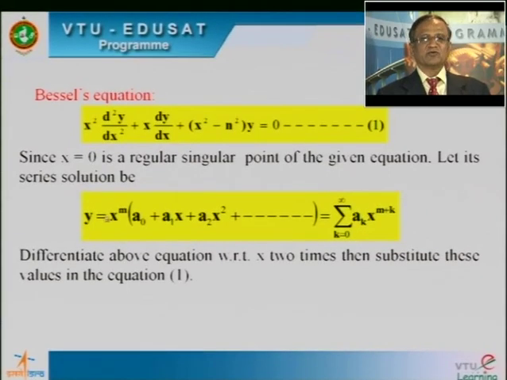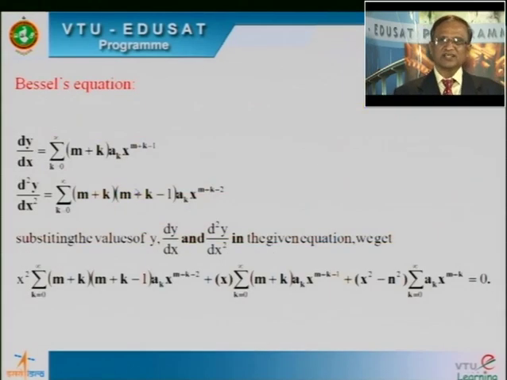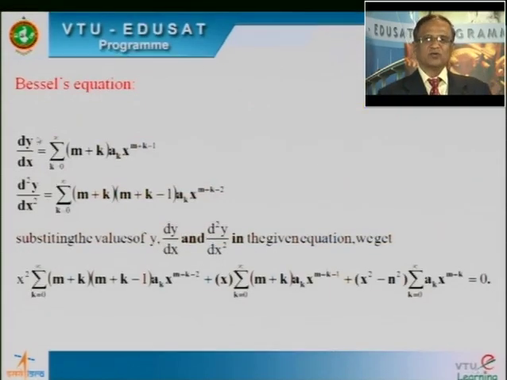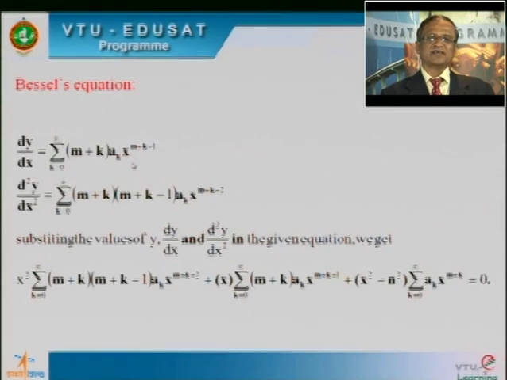Now I want to differentiate this solution two times, because Bessel's equation contains the terms dy by dx and d square y upon dx square. Then I will substitute. What is the value of dy by dx? Summation of ak is constant. I will differentiate x to the power m using the formula for x raised to n.